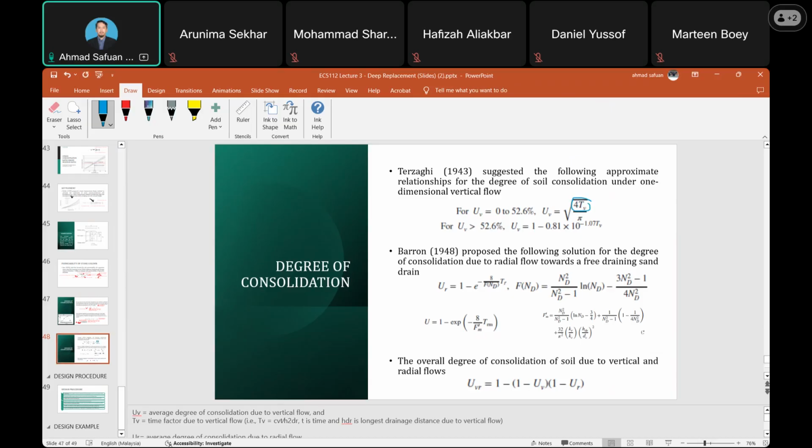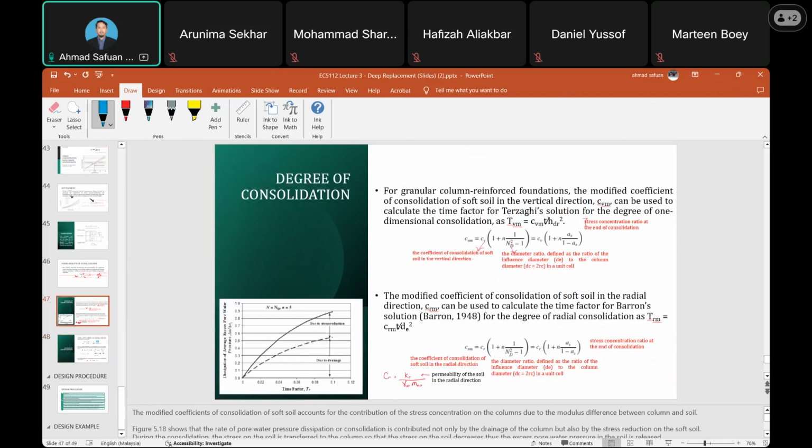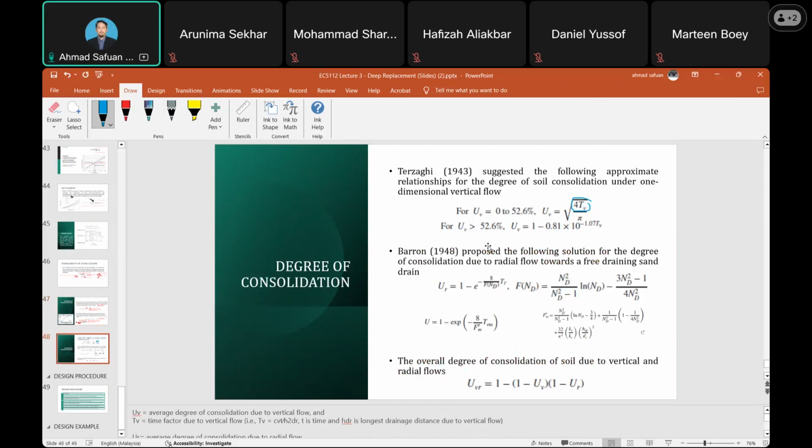For example, once we obtain the TV value from this CVM, we put the TV inside the equation, then get the UV. If the UV is in the range between 0 to 52.6, then this is the right equation to be used.